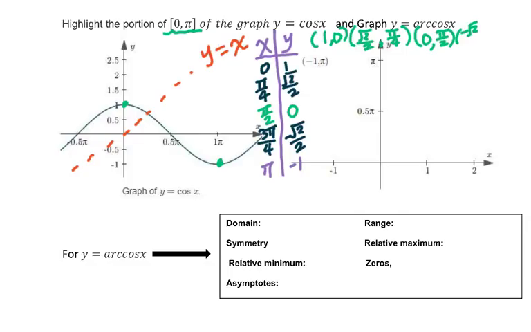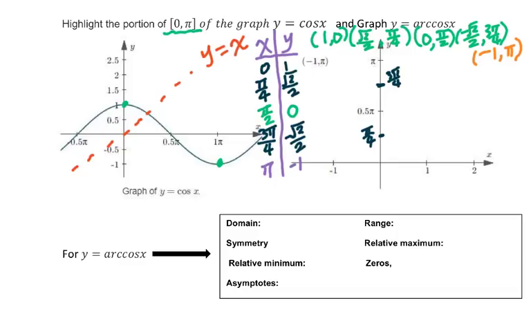Negative square root of 2 over 2, 3 pi over 4. Then we have negative 1, pi. This one will be pi over 4. This will be 3 pi over 4.